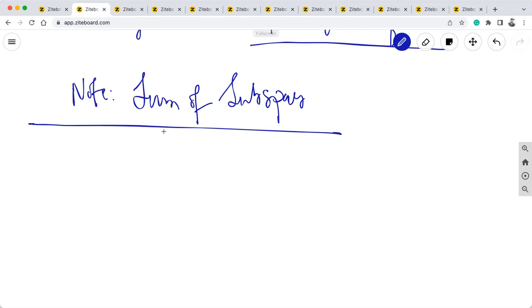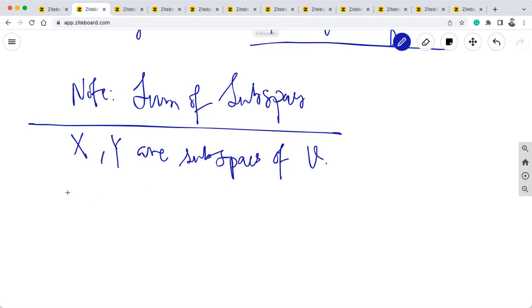So consider that capital X and capital Y are subspaces of the vector space capital V.